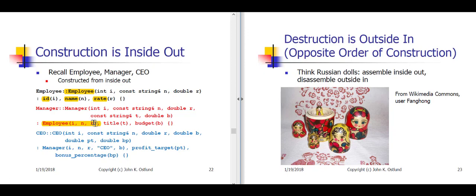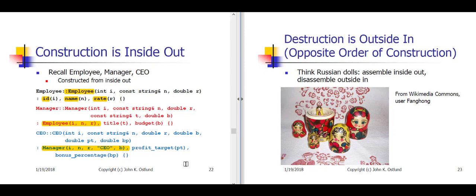So there we see that when we construct a manager, the first thing that happens is that an employee is constructed, and then we complete the initialization of the manager. So in essence, when we construct a manager, we're constructing an employee first, and then finishing constructing the manager. And continuing on with the CEO, a CEO is a manager with the addition of a profit target and a bonus percentage.